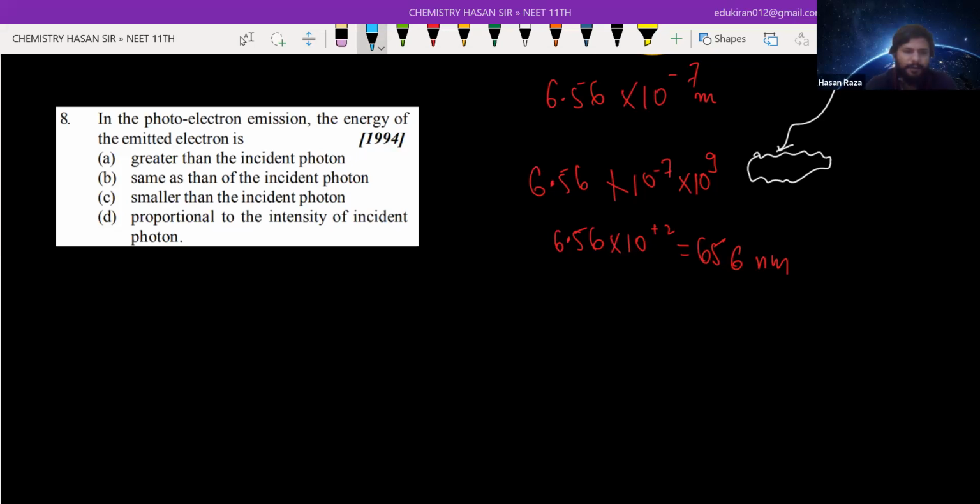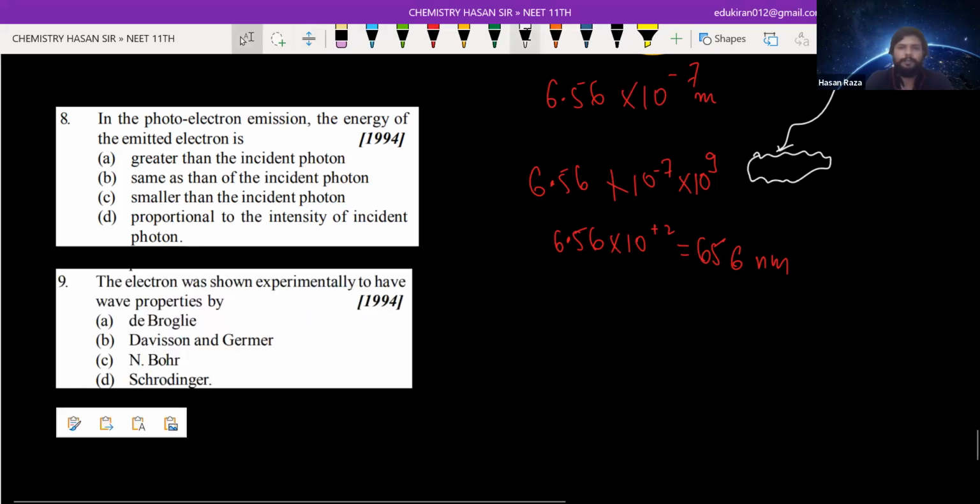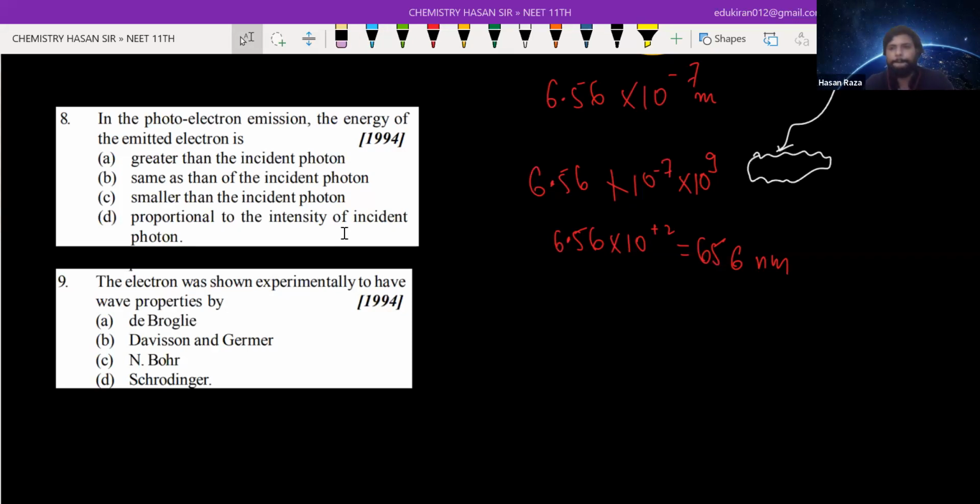This question is very easy and theoretical. The next question. Very good, Siddhika.